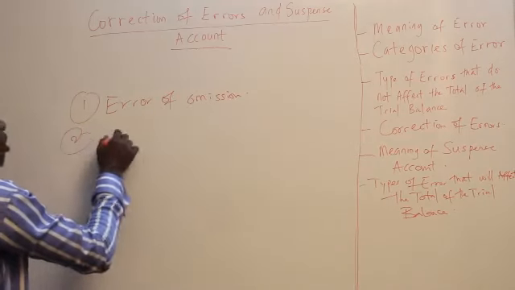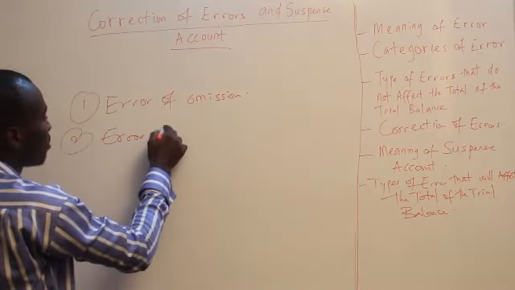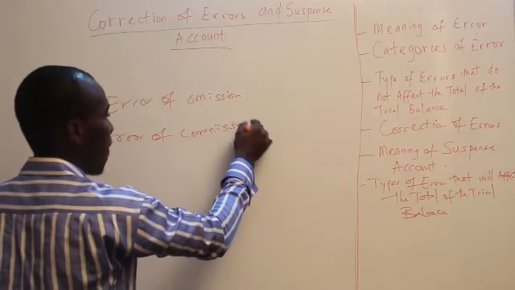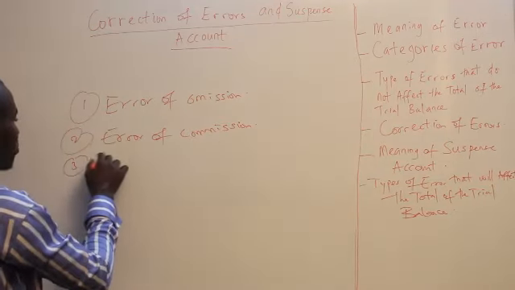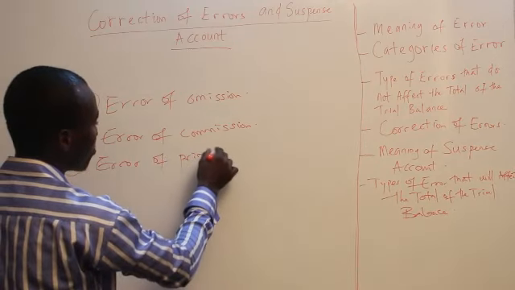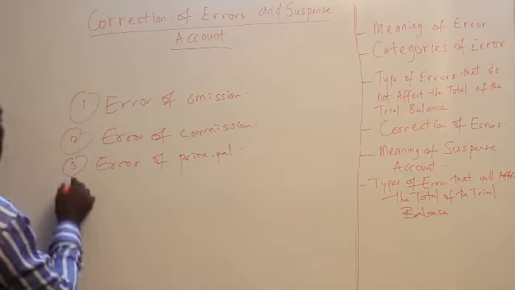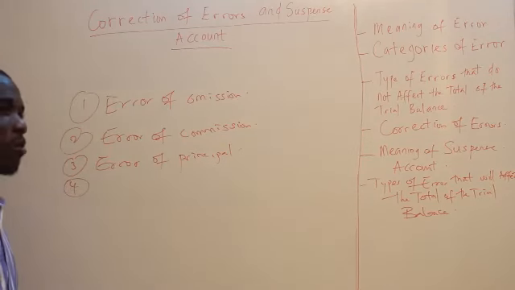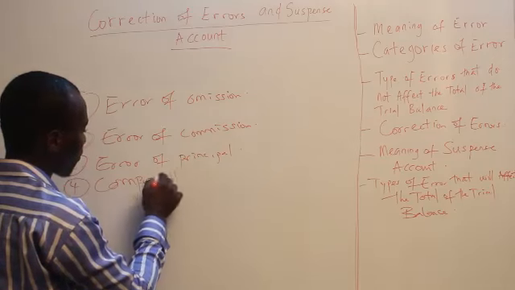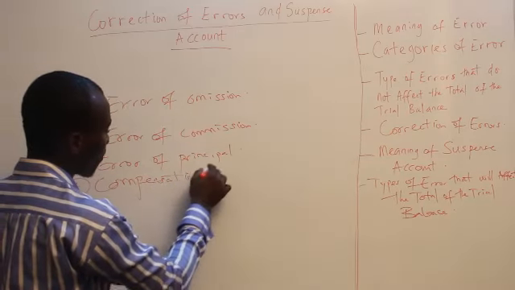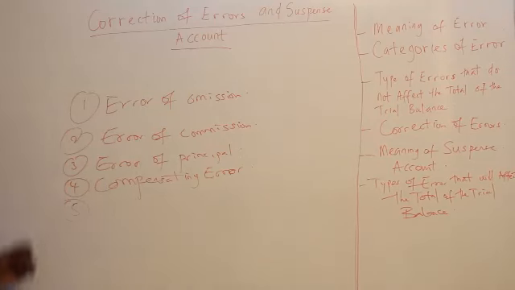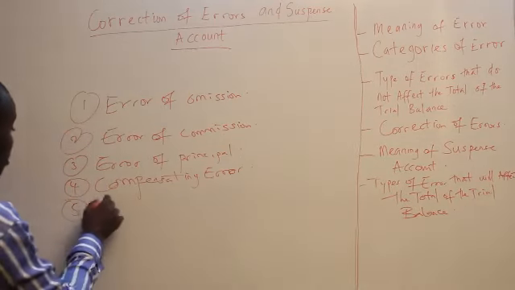Then 2, we have error of commission. 3, we have error of principle. 4, we have compensating error. 5, we have complete reversal of entry.